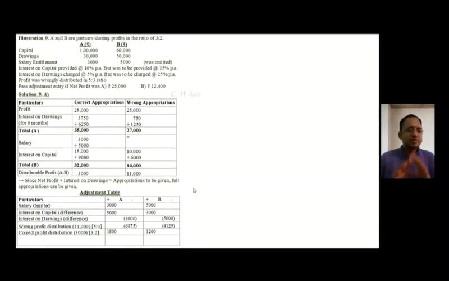Now, whatever information was given in the question, we have treated everything. Now we need to find out net adjustment that needs to be done. So in the next row, write down net adjustment.